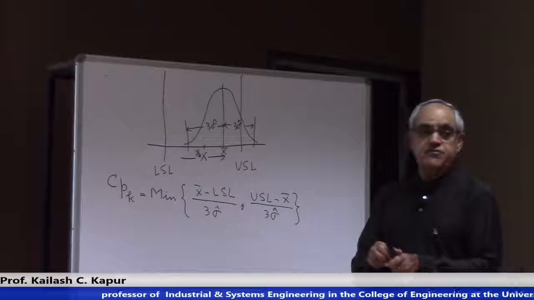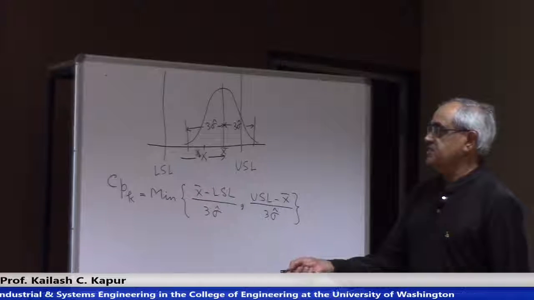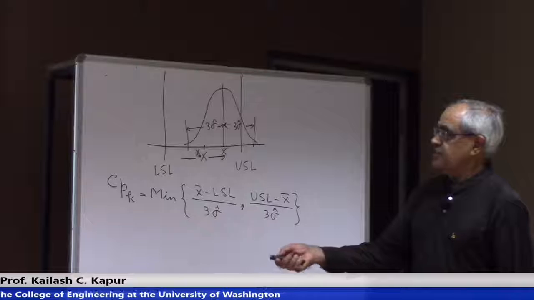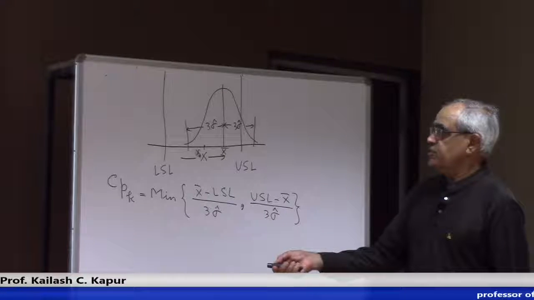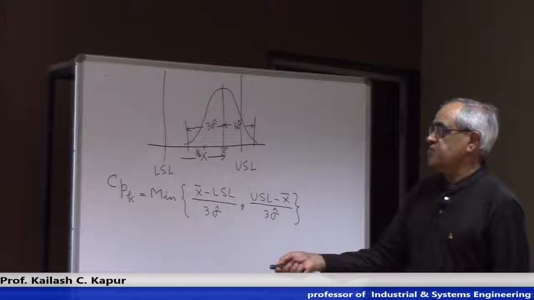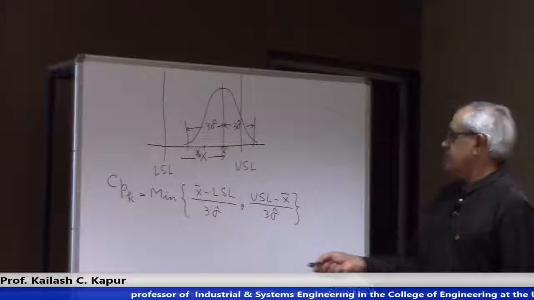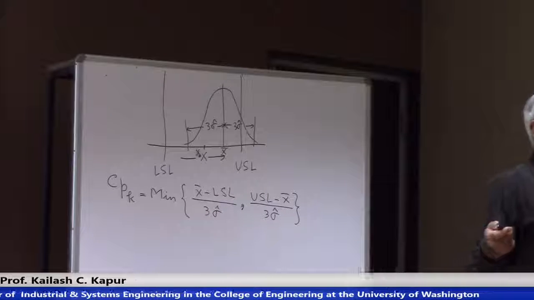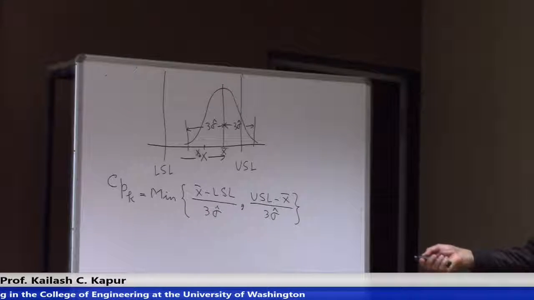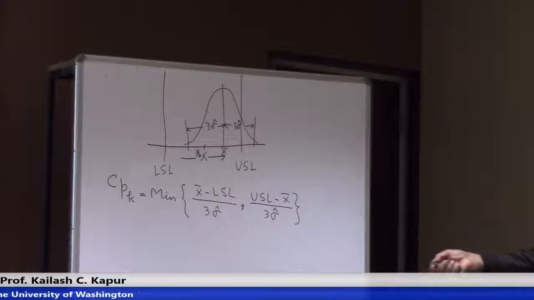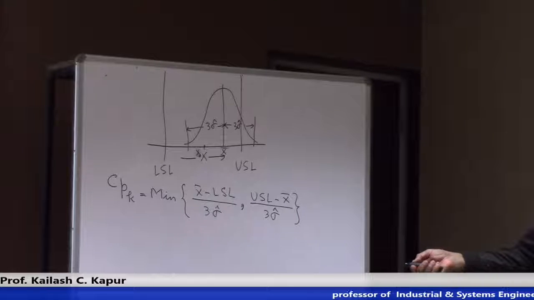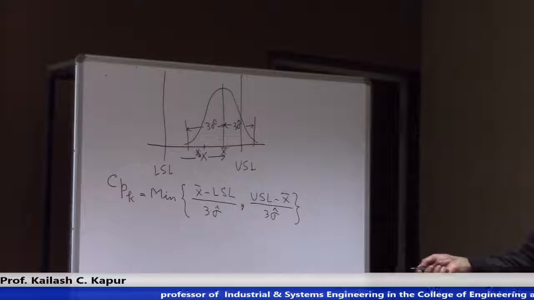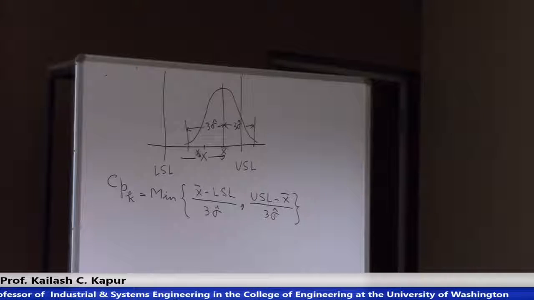If there is no drift in the process and the process has 6 sigma capability, then you can see this distribution has a capability of 2, because from here to here it is 6 sigma, then you divide 6 sigma by 3 sigma, so your capability is 2. But if this process drifts by 1.5 sigma, so this is 6, here is 1.5, then this distance is 4.5. 4.5 divided by 3 is 1.5.